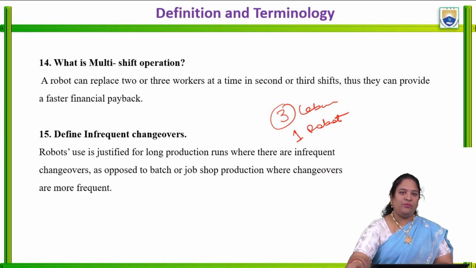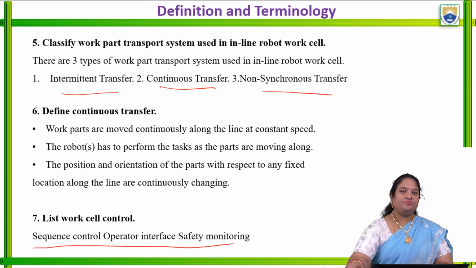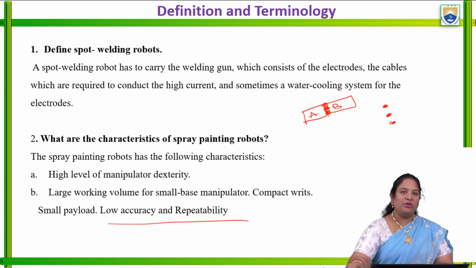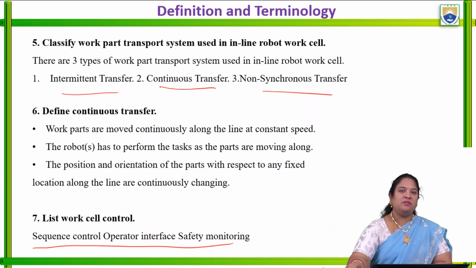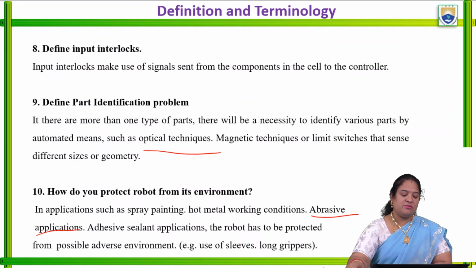So in today's class we have seen the definitions and terminology of robot applications, which come under module 5, in which we have studied terms like spot welding, the characteristics of spray painting robots and how it is useful to use a robot in place of the worker, the interlock system, and intermediate transfer. We also covered the three types of transport systems in industry, the continuous transfer system and intermediate transfer system, work cell control, and the input interlock.